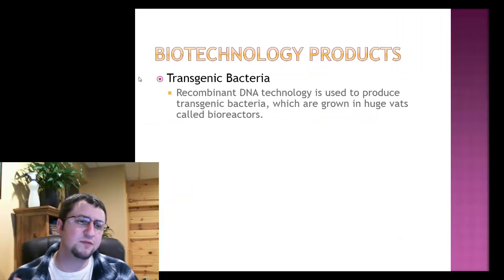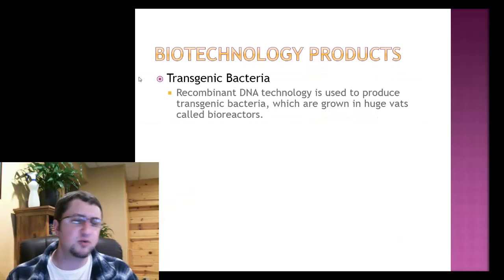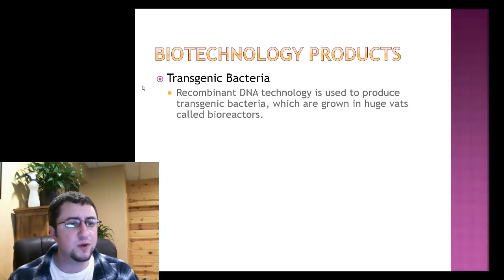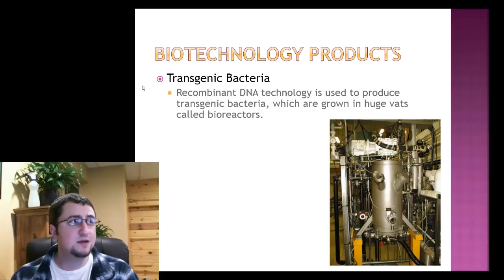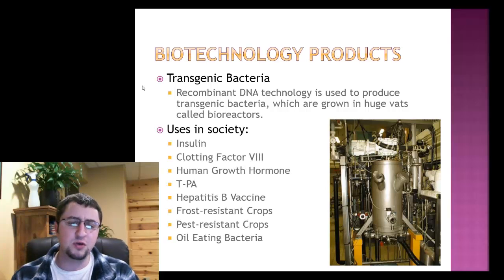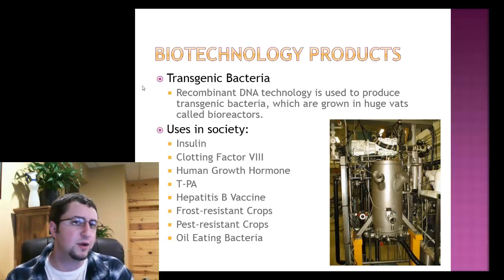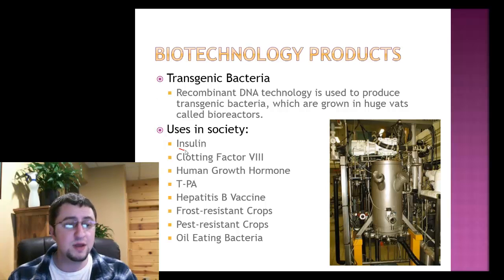And I want to talk about a few examples of transgenic organisms. For one, bacteria, where we actually can use recombinant DNA and grow bacteria in large vats like this. And we've talked about this before. The uses of having transgenic bacteria is, for one, making human insulin for us, but also there's a whole lot of other uses.